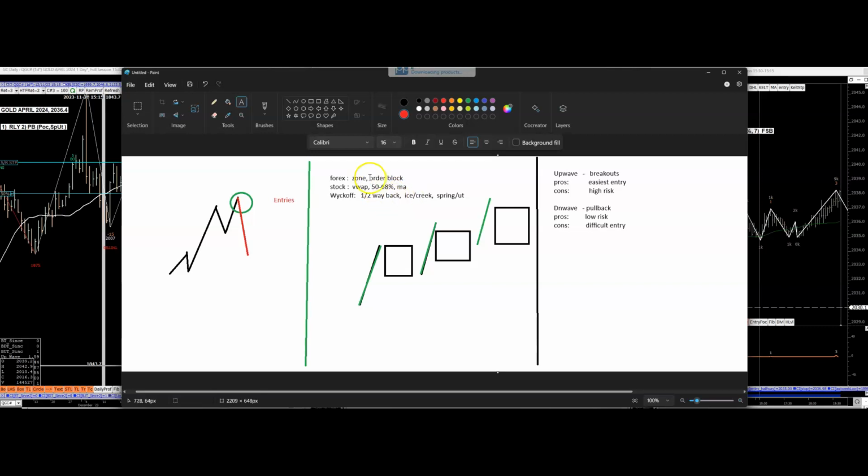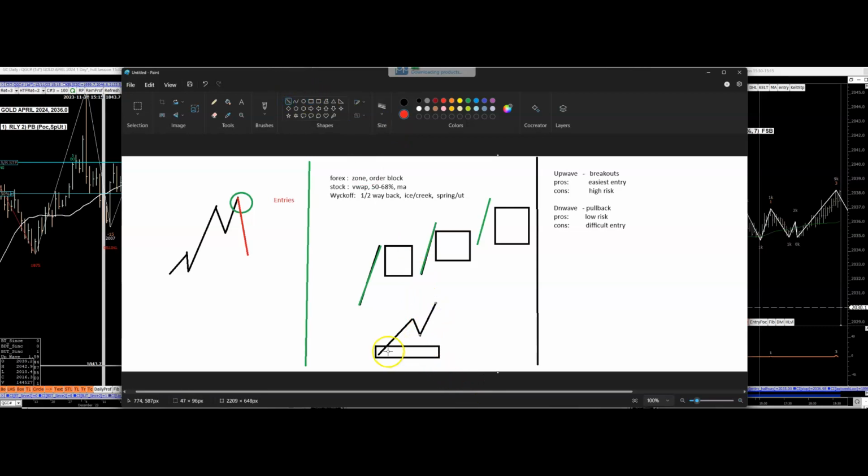But with all these techniques of buying pullbacks, chances are you're going to miss it. Let's say these Forex guys want to buy an order block. They're going to have their zone here. What happens?